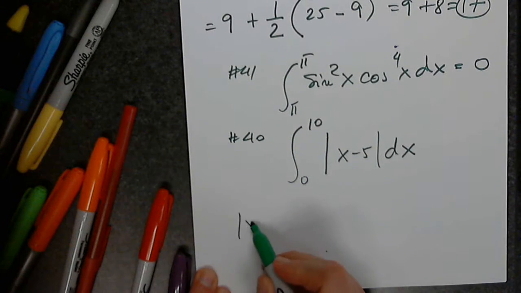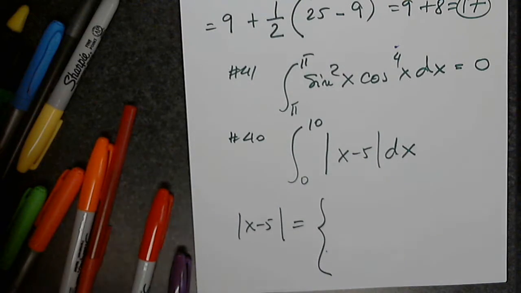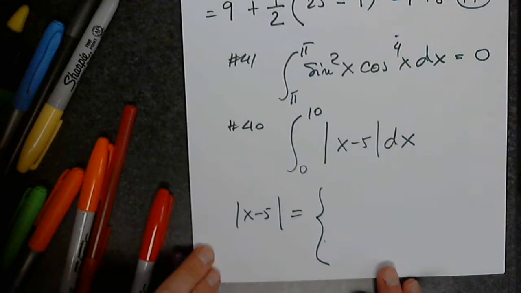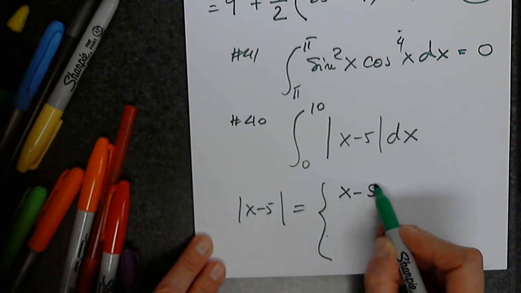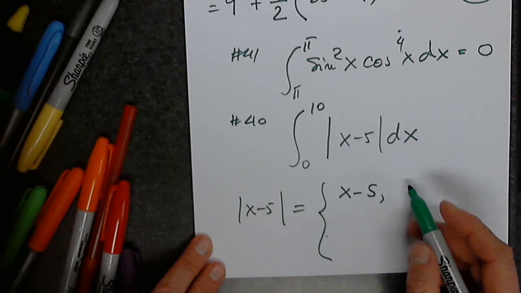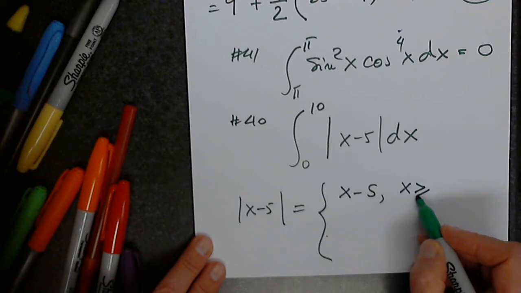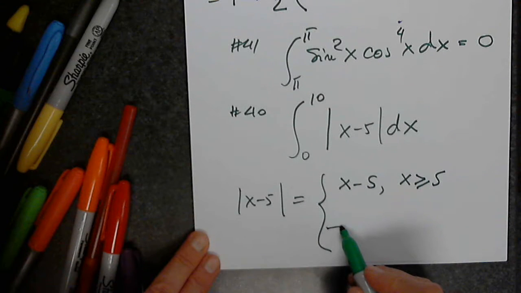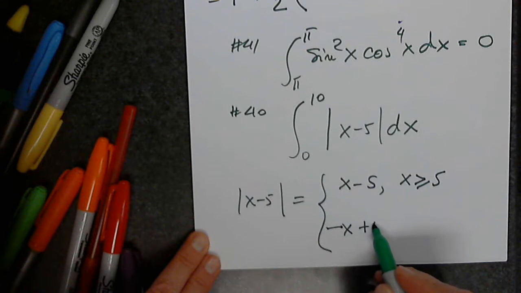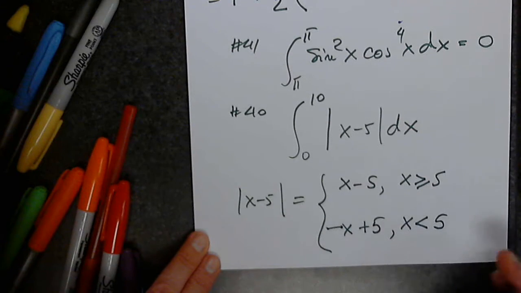So I have to write that the absolute value of x minus 5, as we know from a long time ago in pre-calculus, looks like what? x minus 5 if x minus 5 is greater than or equal to 0, which means x greater than or equal to 5, or negative x plus 5 if x is less than 5.